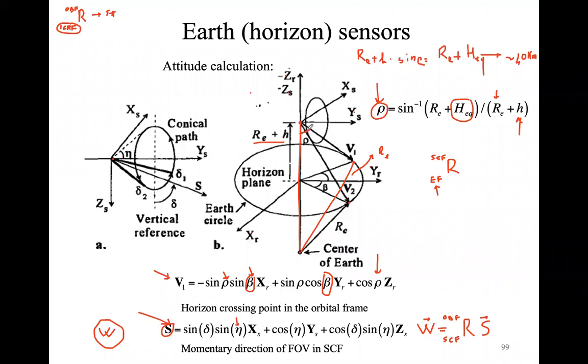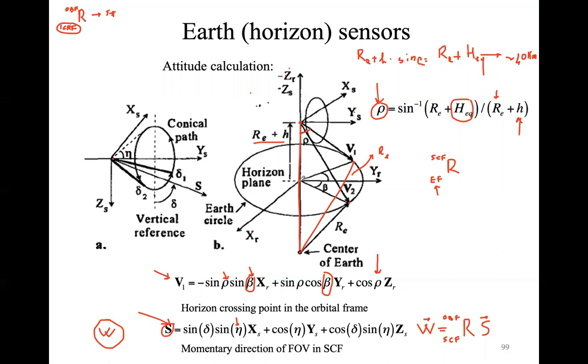So the reference frame that is written in the figure is indeed centered in the horizon plane. But as I said previously, you can assume that this reference frame is very close to the orbital reference frame. What is really important here is indeed to report all the reference frames to the same point.